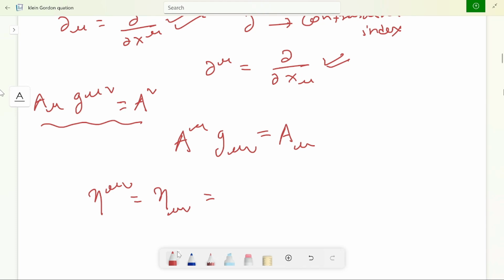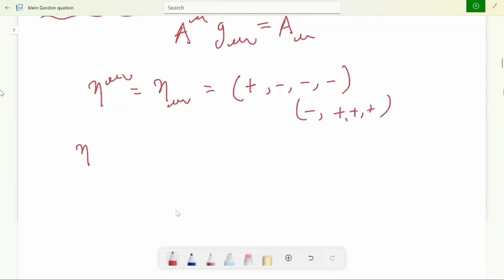It could be given by two different metric signatures, such as plus, minus, minus, minus, or minus, plus, plus, plus, right? You can use either one of them, it doesn't matter.